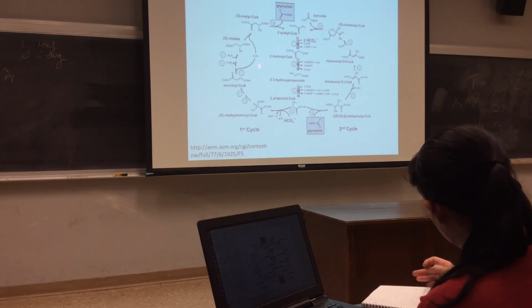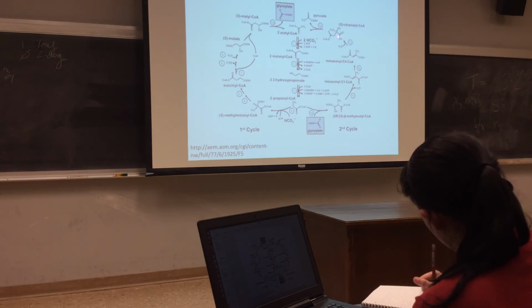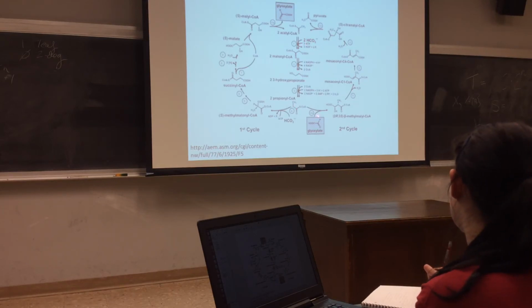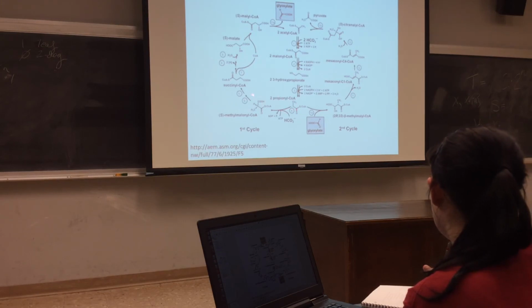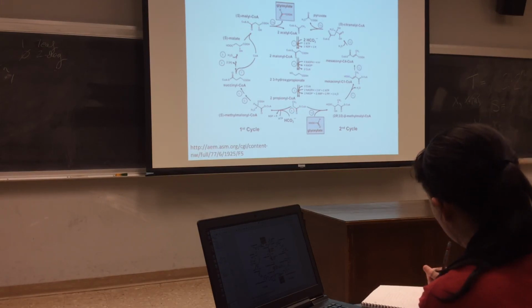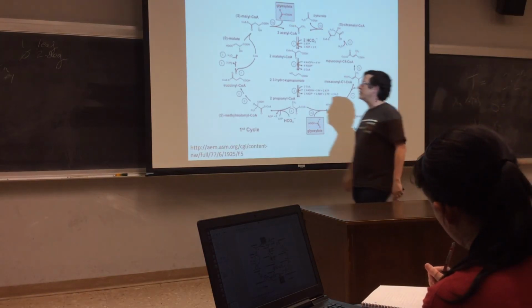2 plus 1 goes to 3. 3 plus 2 goes to 5. 5 goes to 5. 5 goes to 3 plus 2. But in the bicycle, we have first, we make one 3-carbon compound, and then going this direction, we make that 3-carbon compound into a 4-carbon compound and split it back to 2 plus 2. There we go. It's hard to even say.